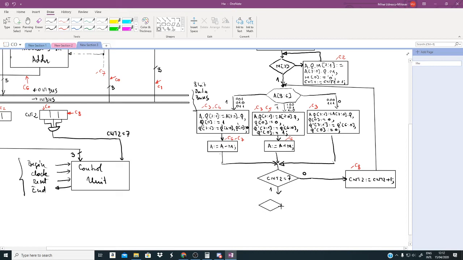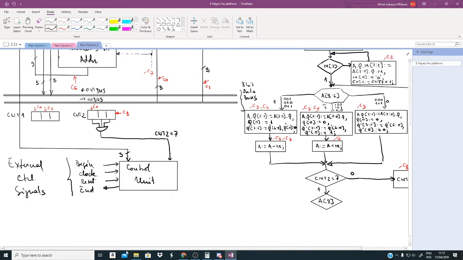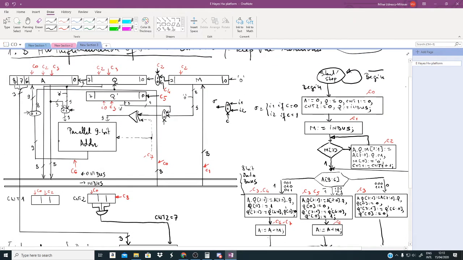So we are looking at A of 8. To have these values, A of 6, we have them.